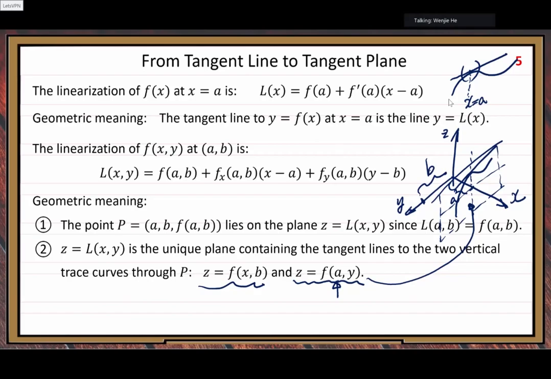So these two tangent lines can determine one plane, right? That plane is the tangent plane. A little harder to imagine, but that's the meaning. That's the way we do the generalization from 1D to 2D. Okay? All right.